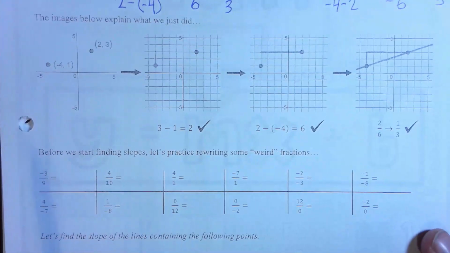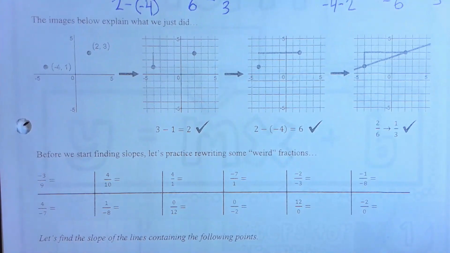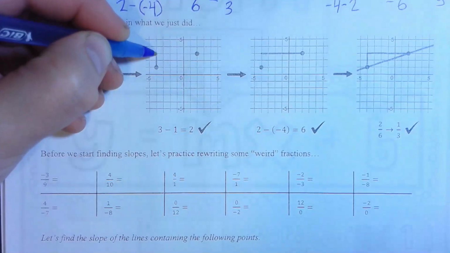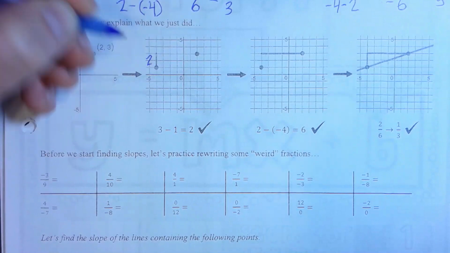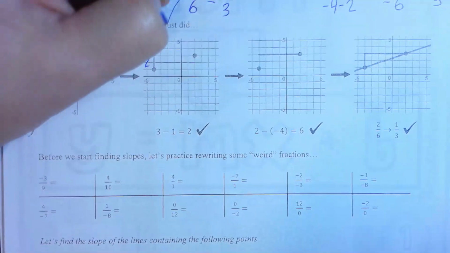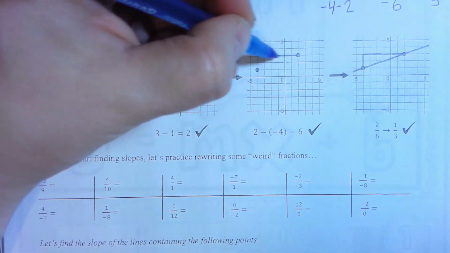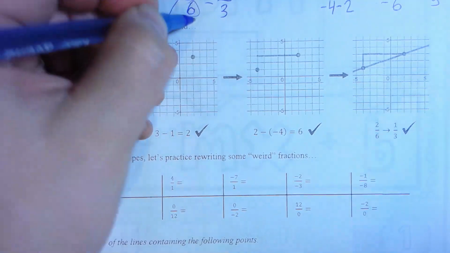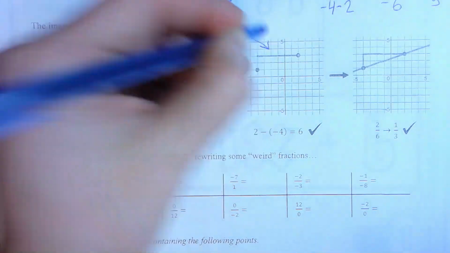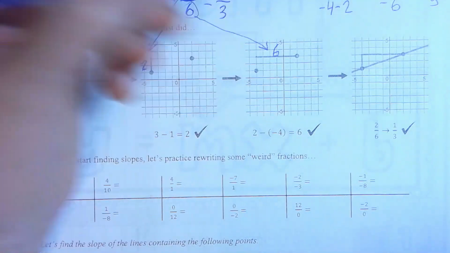Okay, the images below explain what we just did. Do you see this rise of 2? Oh, look at that. There it is. Do you see this run of 6? There it is.